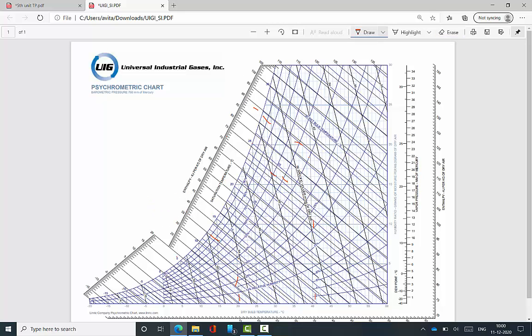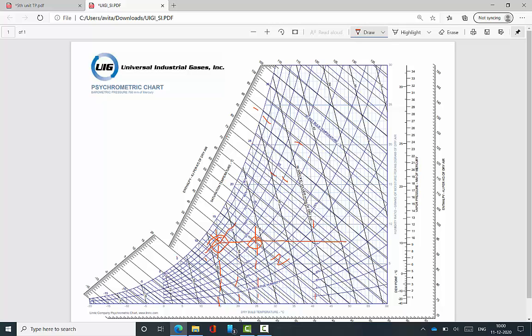First you locate 15 degrees Celsius and 75%. From 15 degrees Celsius, draw a vertical line. In that chart we have 70 and 80, therefore between 70 and 80 I draw one line. That is the first point. From the first point, draw a horizontal line. Then from 25 degrees Celsius, I draw a vertical line. It intersects the horizontal line at 2.